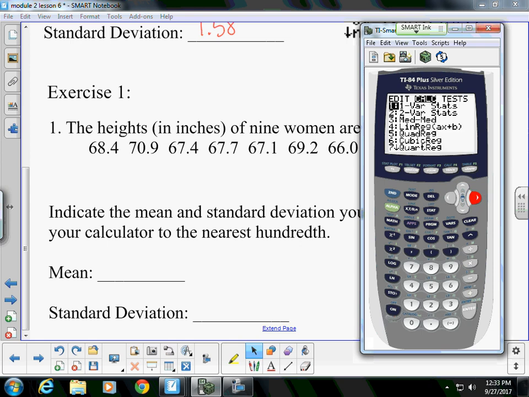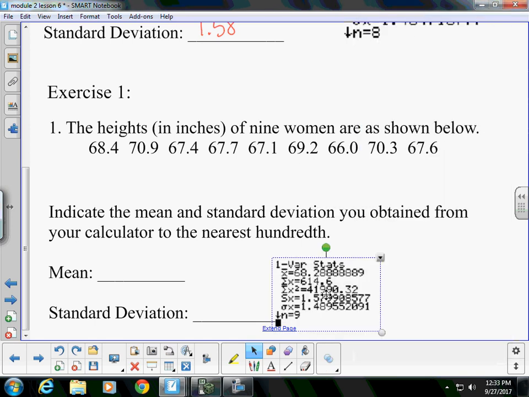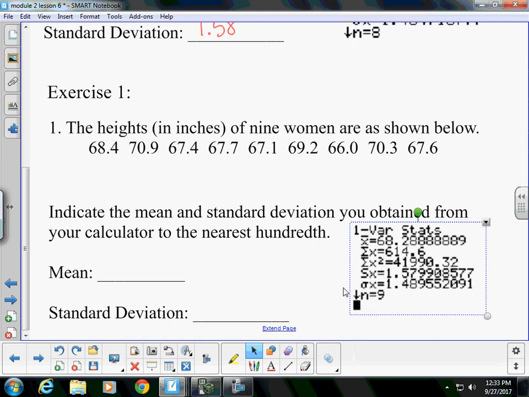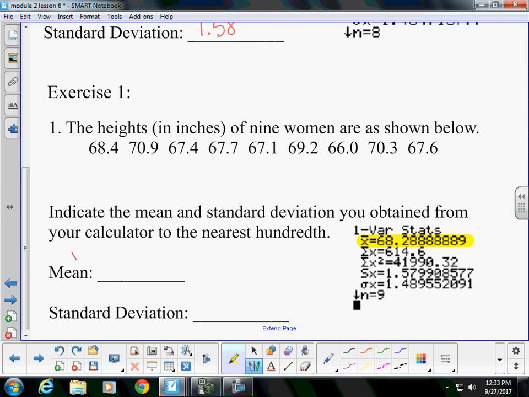I want number 1 to be highlighted, the 1-variable statistics, and hit enter, and enter again, and there I get all this data. The two things that I'm looking for are the X bar, the X with the line at the top of it. That's the mean. And then I'll also be looking for the S with the X.